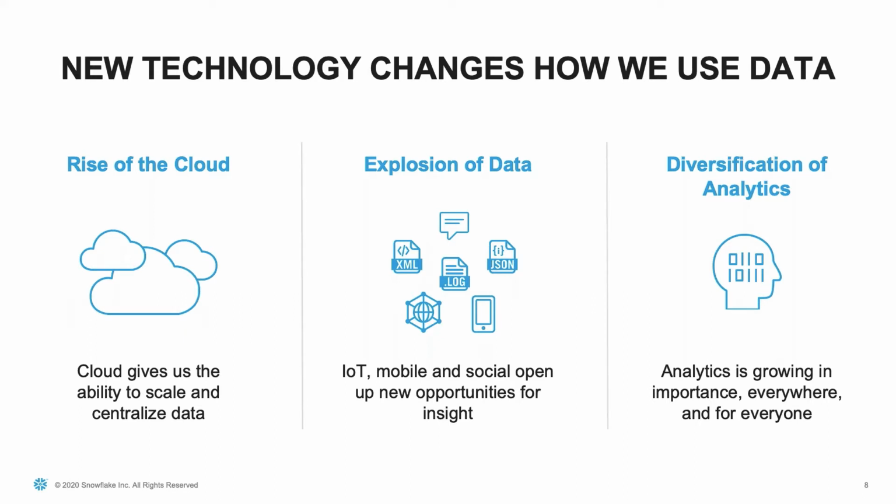The second thing is, in order to make this data actionable, there's a lot more data, and that data has insights that the data that we had before didn't provide. So there's just a ton of data. IoT is such an exciting space, especially in the last couple years, with how much that's gone mainstream. Tons of data coming off of websites and social media that can be combined with the data that you have already to get new insights.